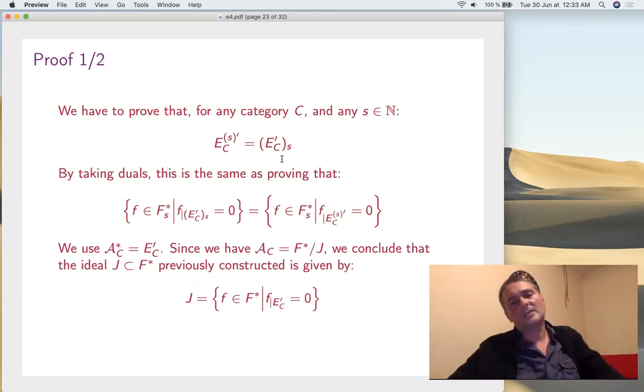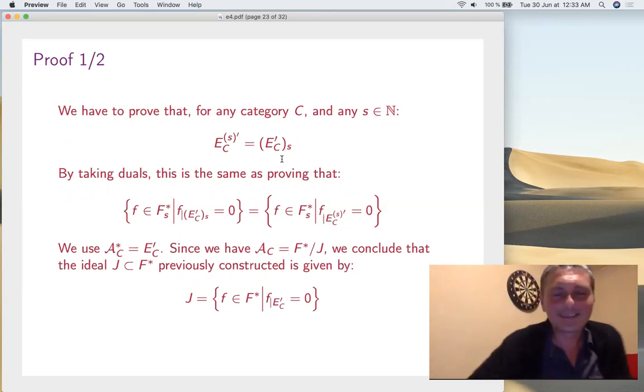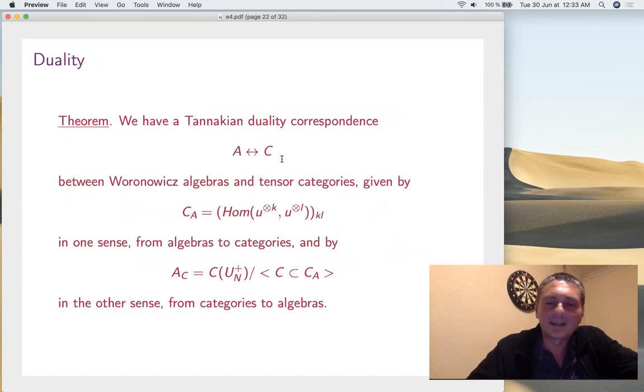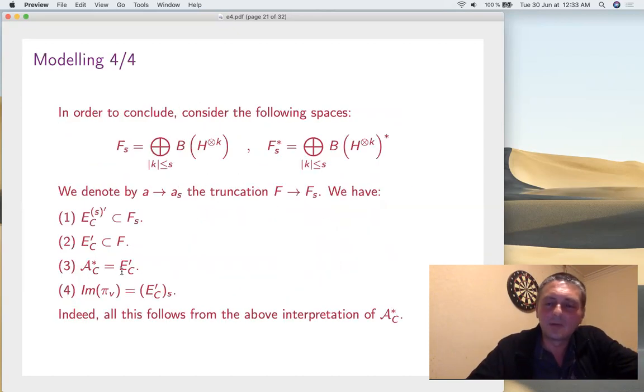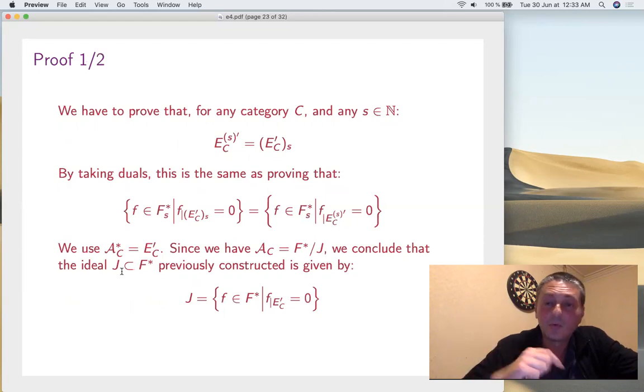Now, there are some points of competence. So that's on these computations here that we did finally about the dual. So let's take the dual now. That's the same as proving that the forms vanishing here are the same as the forms vanishing here, right? Very basic functional analysis thing. So we use now the fact that we know what's the dual of A_C. From before, I remind you that A_C was modeled inside the free algebra.